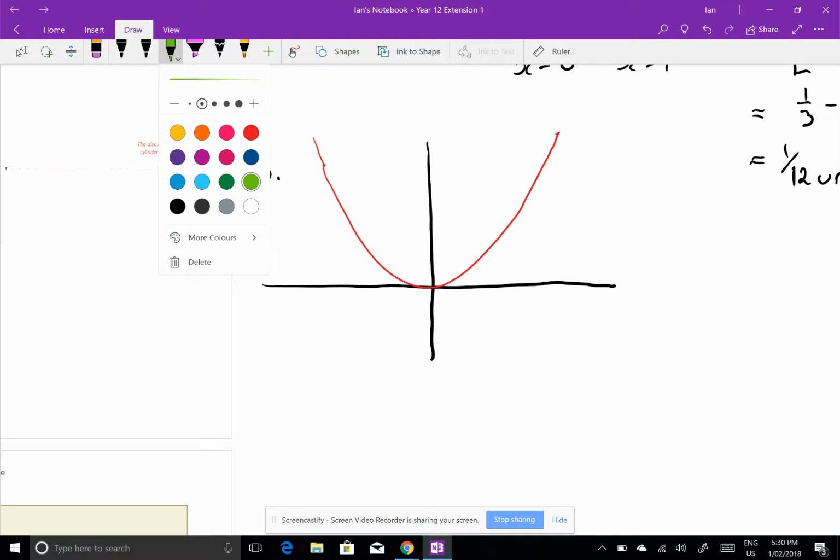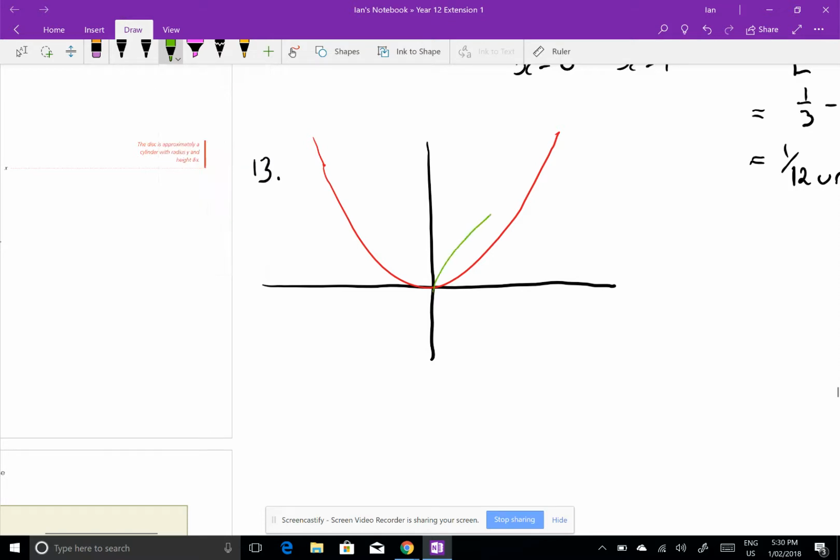And we'll go green again, and x equals y squared. Well, that's just a parabola. There, in the y-axis. So y equals x squared, and x equals y squared. So we need to find this area here.